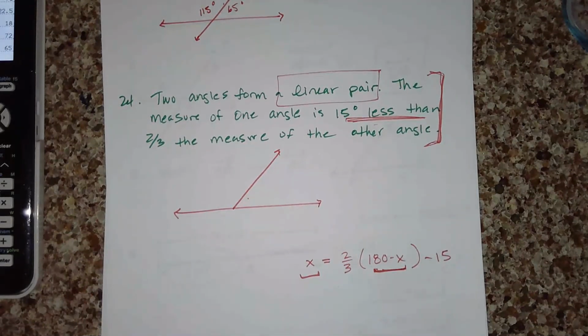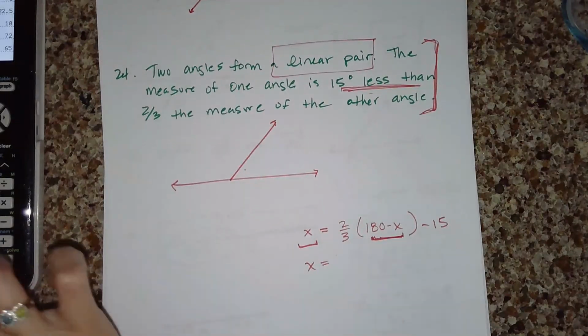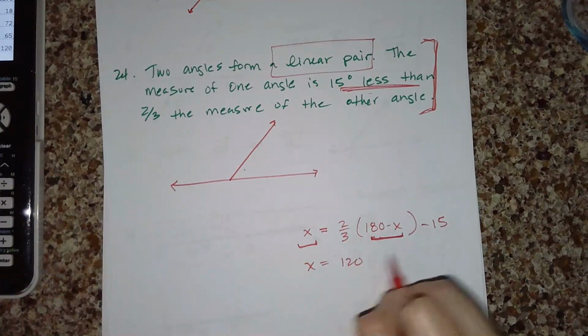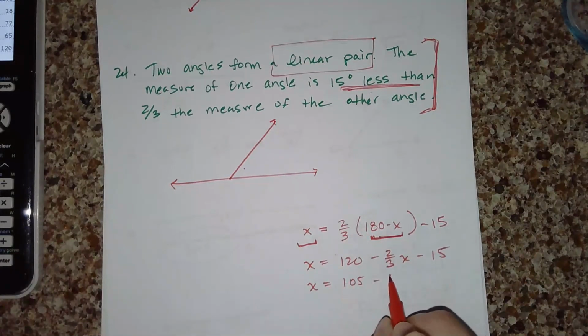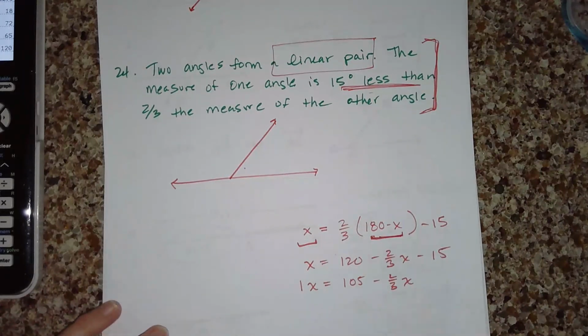So let's see if we can figure this out. I'm going to go ahead and distribute. So I get x equals 180 times 2/3. I get 120 minus 2/3 x minus 15. I'm going to put the 120 and minus 15 together. And then I'm going to add 2/3 to both sides.